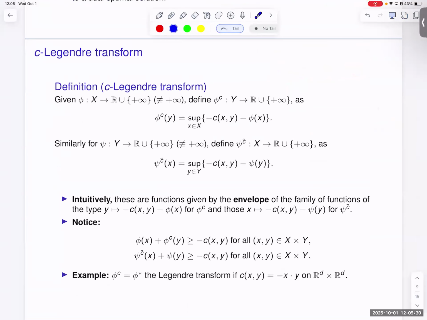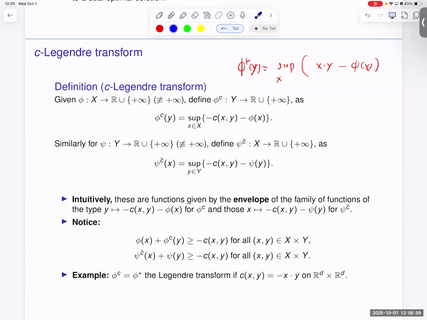The C-Legendre transform is exactly this expression. Compare it with the Legendre transform, which is just this. This is the expression of the Legendre transform, right?